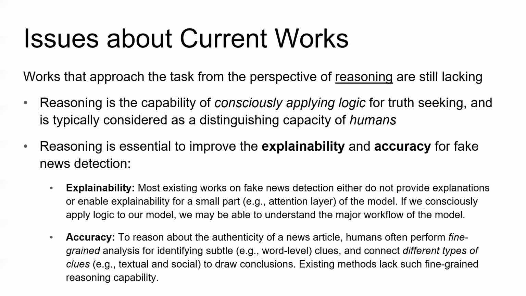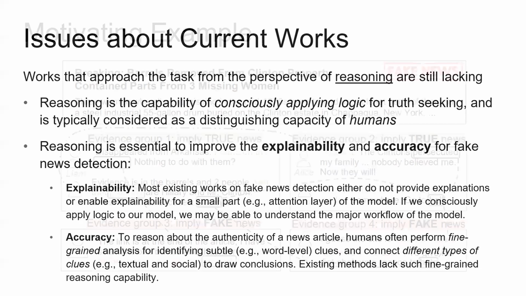The second thing is accuracy. Usually when humans do fact checking, they can do fine-grained analysis to identify subtle clues in the evidence and also the news article to draw conclusions, but existing methods usually overlook those.